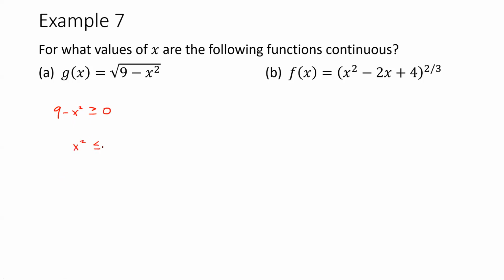Yeah, good. So if x squared is less than or equal to 9, then I can take the square root of both sides. But when I take the square root of x squared, I have the absolute value of x is less than or equal to 3. So x is between negative 3 and positive 3. Okay, so this will be continuous on the interval negative 3 to 3.